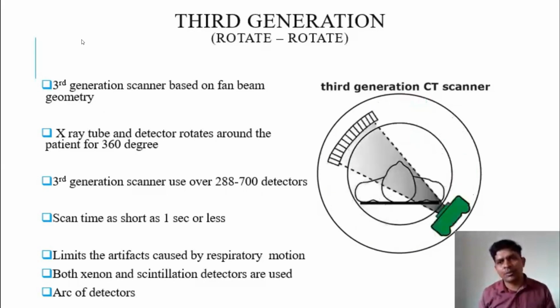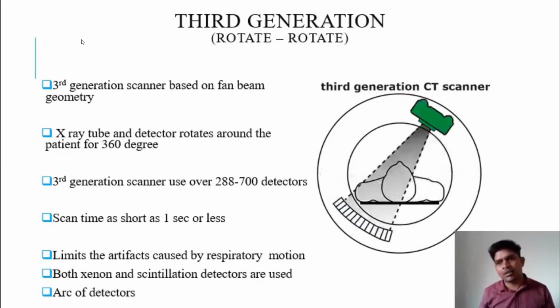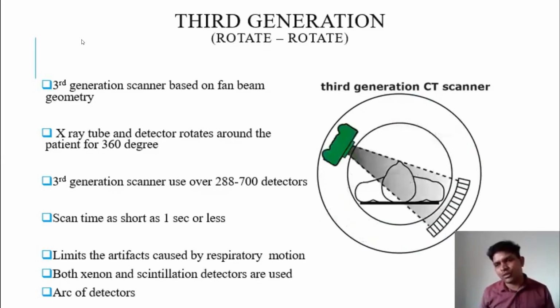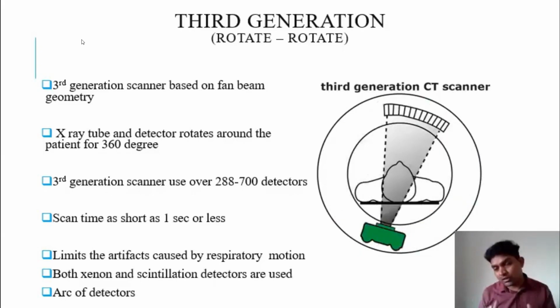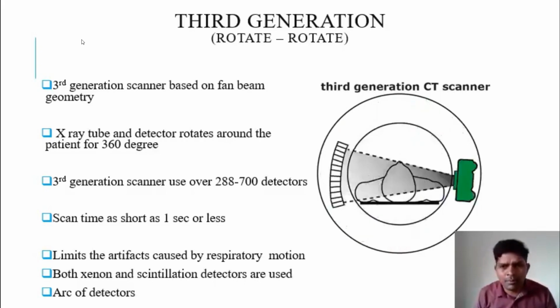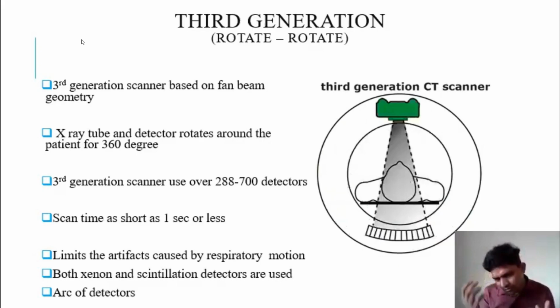Here the X-ray tube is able to move 360 degrees, and around 700 different detectors were used. So 1 second was enough to take one rotation of the scan. That's a very short time. So artifacts from respiratory motion and such were very few.